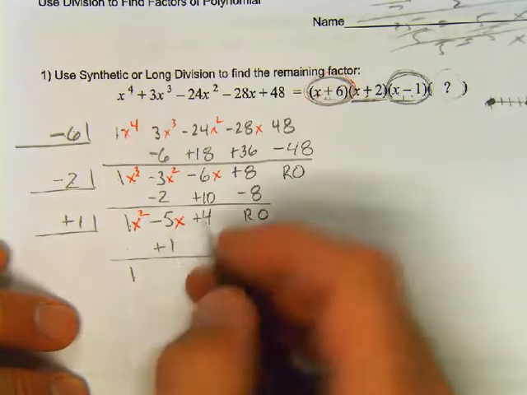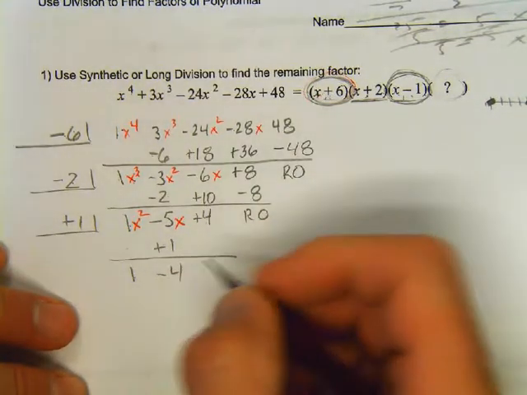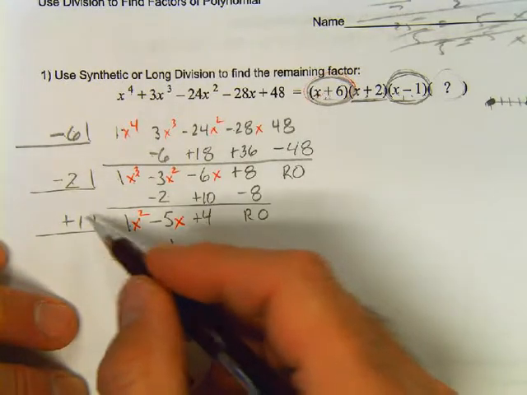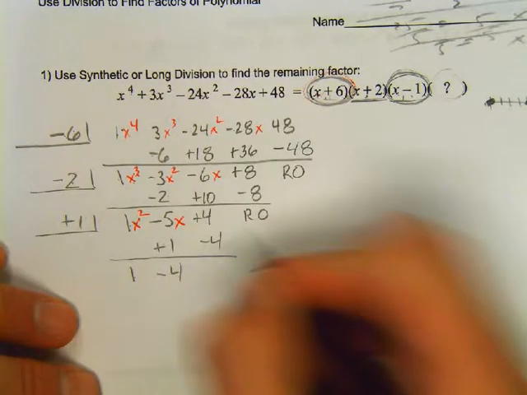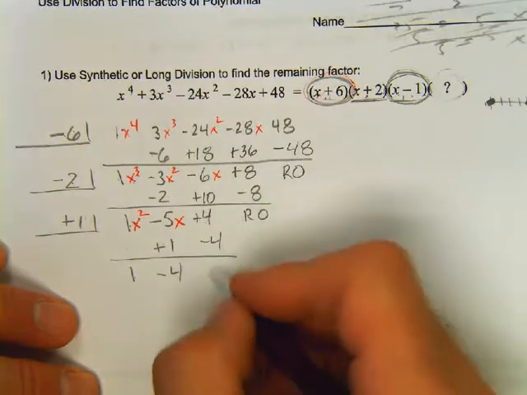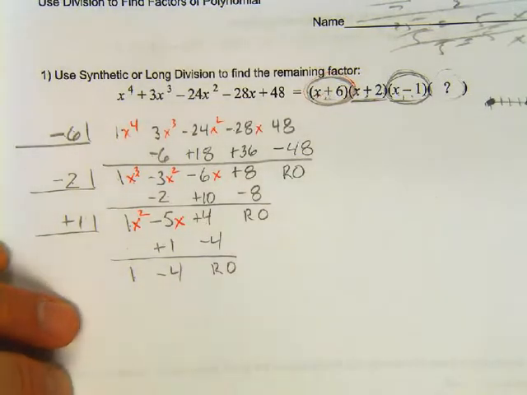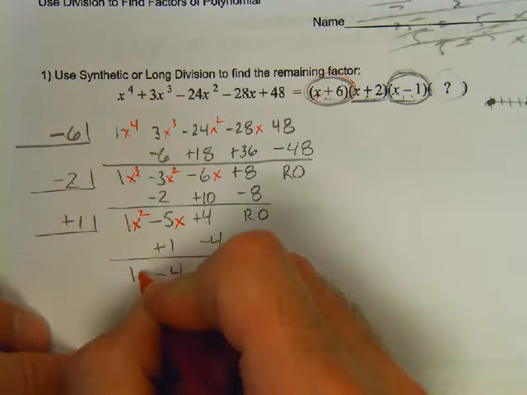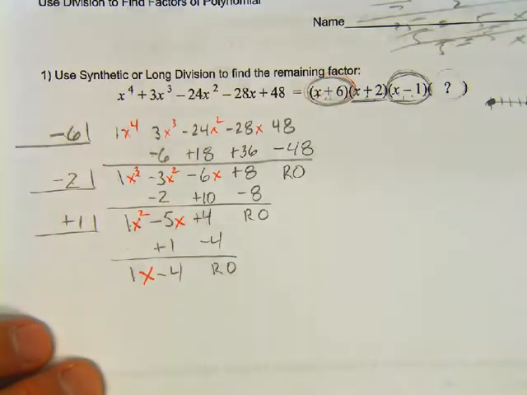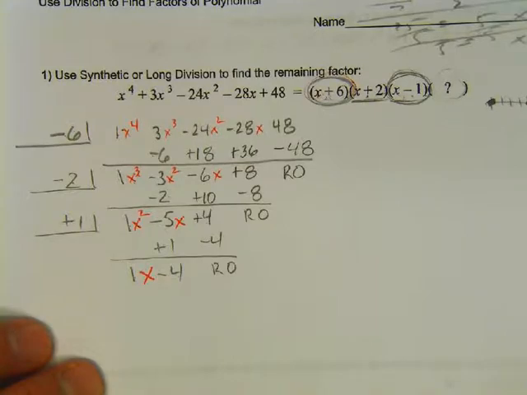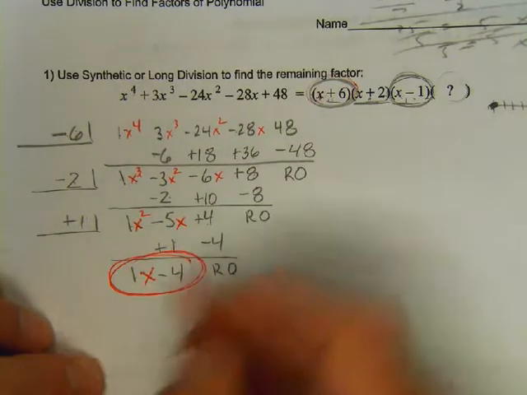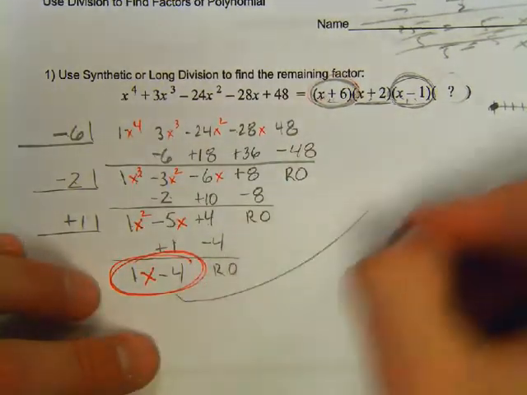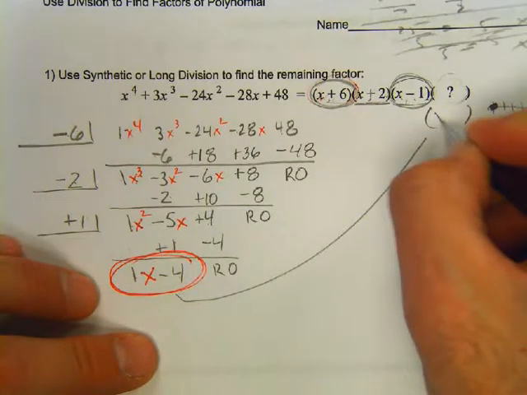Negative 5 plus 1 is negative 4. 1 times negative 4 is negative 4. Negative 4 plus 4 is 0. We did an x squared divided by x, so we are left with x minus 4. There it is. What's the last?